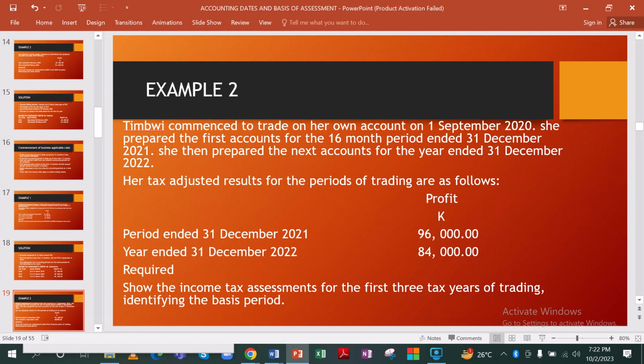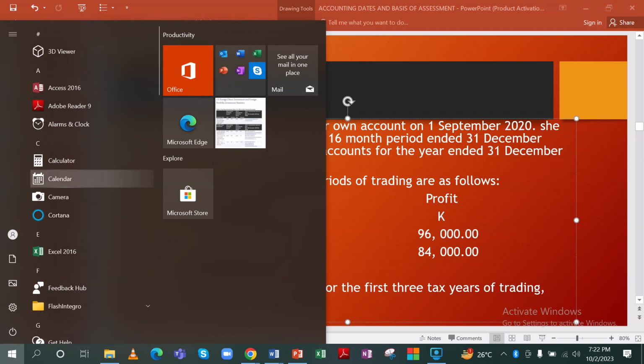Okay? So now we have this profit, which is 96,000. As I guided before, you have to split this profit into two notional periods on a time basis. Since now we have 16 months, the first notional period is 4 months. We are going to use the fraction 4 months, that is here. Look at the fraction.